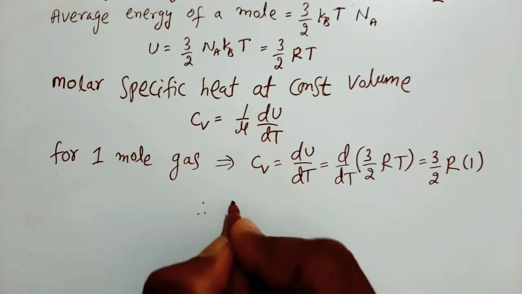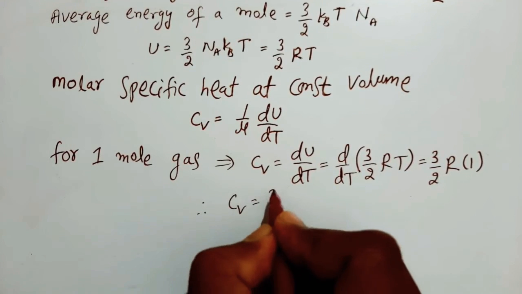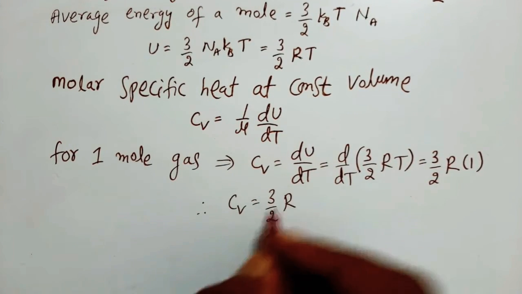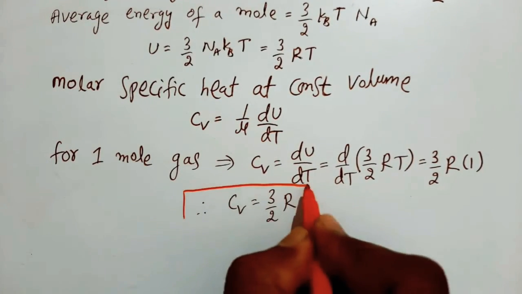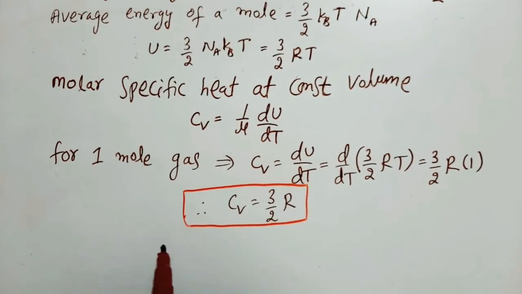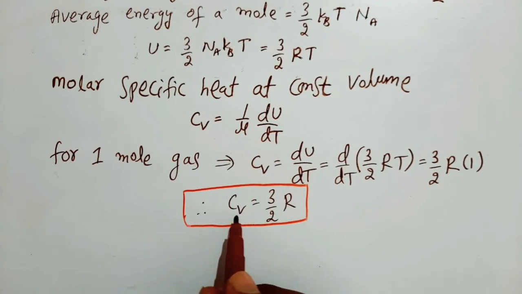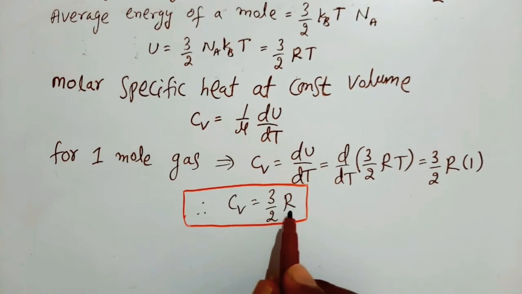Therefore Cv is equal to 3/2 R. For monoatomic gas, specific heat capacity at constant volume Cv is 3/2 R.